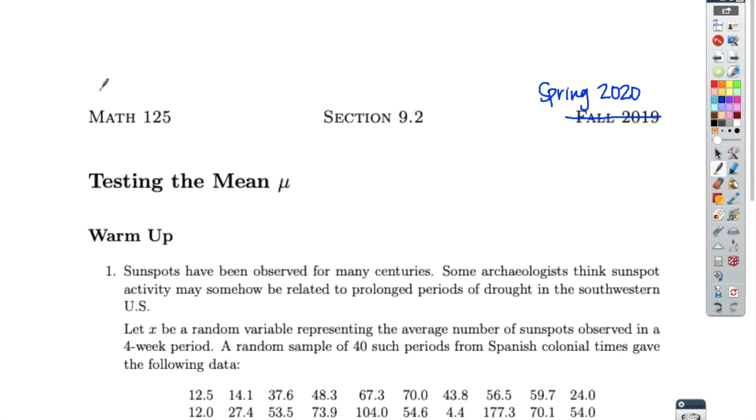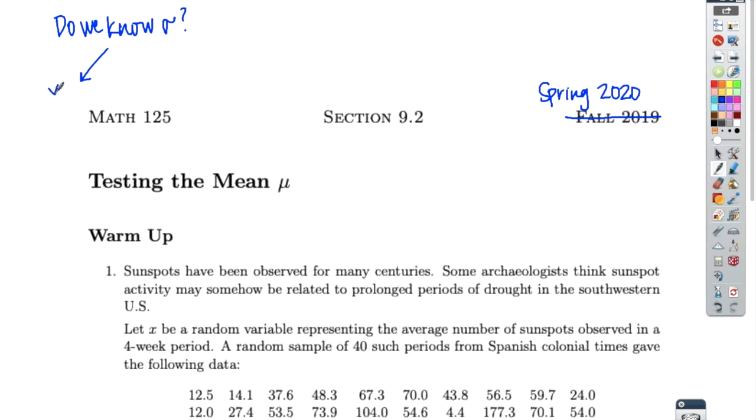Before we start, because it is going to be very similar to what we've already done, I do want to remind you of a little decision tree that we used in chapter 8. When we were finding confidence intervals using the Z and T distributions, we asked ourselves: do we know sigma, the population standard deviation?